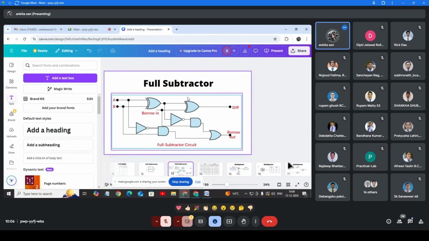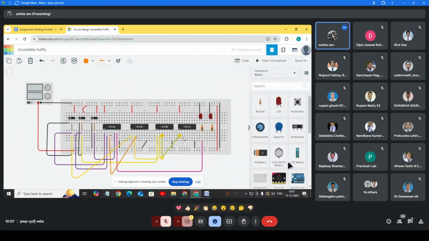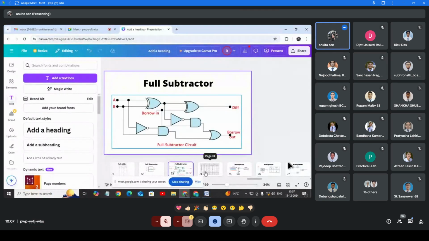Sorry. So this one we need to feed to these things, but there is a shortage of space. This one we need to feed to this AND gate once again.